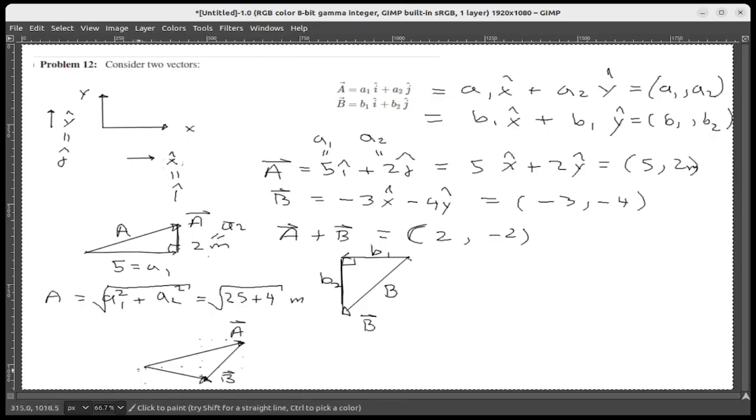But anyway, here's the sum. The sides should both be the same. So I guess I scaled it a little wrong, but you just get the rough picture of what the vector looks like. Anyway, you can see it has a positive x component, goes in the positive x direction, and a negative y component, goes down in the y direction.